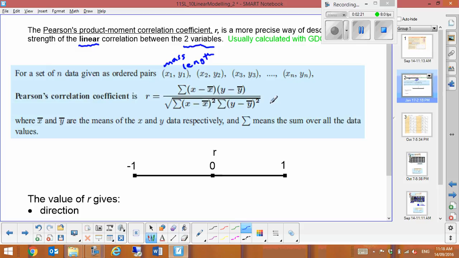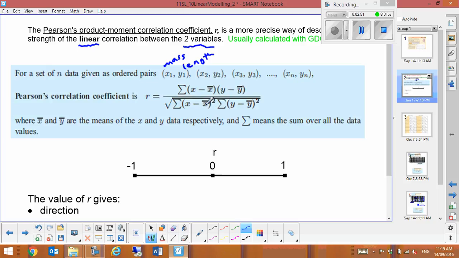As I said, you won't have to do this manually in an IB exam situation, but we want you to become familiar, or at least not scared of looking at an equation where we've got all these sigma signs and things being multiplied and squared. So basically what we're doing here is we're getting each X value and subtracting the mean to see how far away it is from the mean, multiplied by the difference between the Y value and the average, or the length.